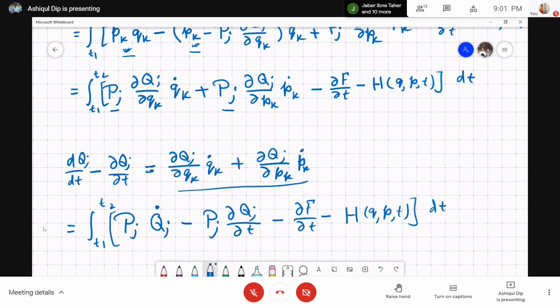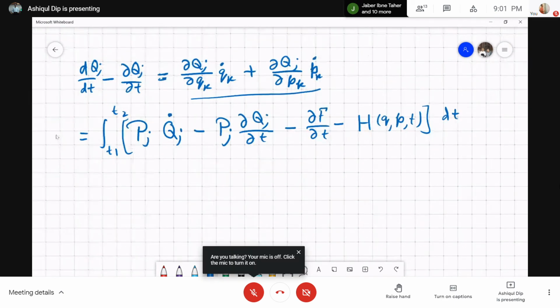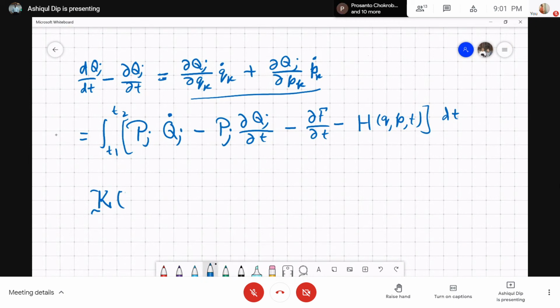Okay, now we are almost done. So let's define our big K, which is a function of big Q and big P and T. That is the rest of the term, that is H(Q, P, T), then plus ∂F/∂t.